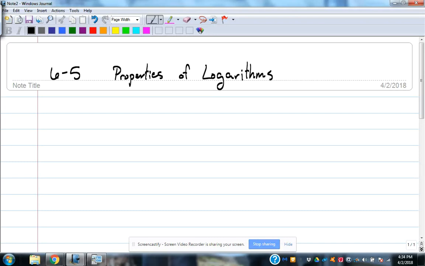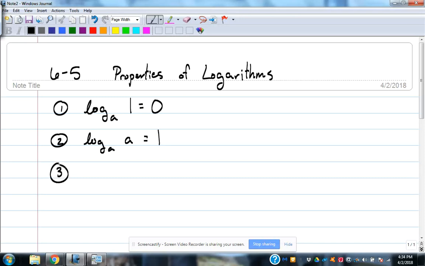Properties of logs, we've already used some of them. I'm just going to list them here. This number 2 we've already used. We used that today to solve. That's one of those properties. We've used this one.